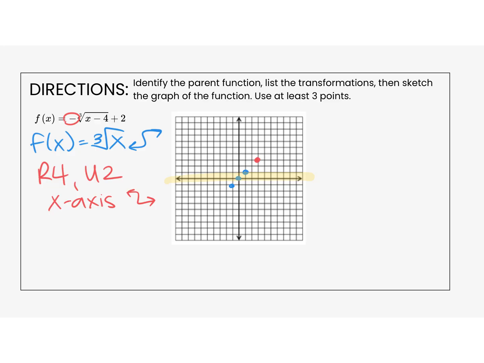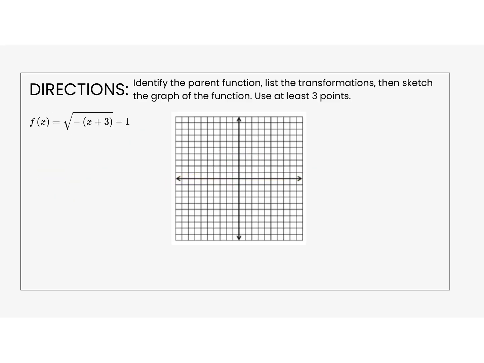So there's that point. 0, 0 doesn't flip because it's just at the origin, so I'm going to go right 4, up 2. Oh, I might have gone up too high. Oh no, that's right. And then this one would be right here. Okay, so again, we know that the shape now is going to look like this because of the reflection.